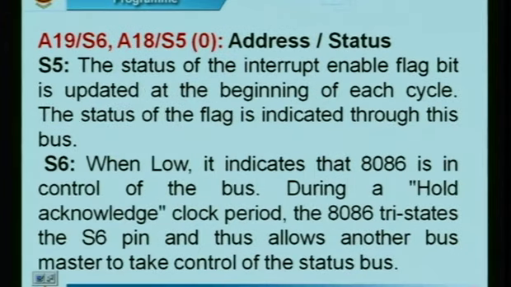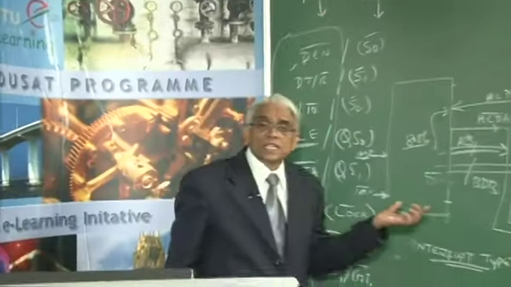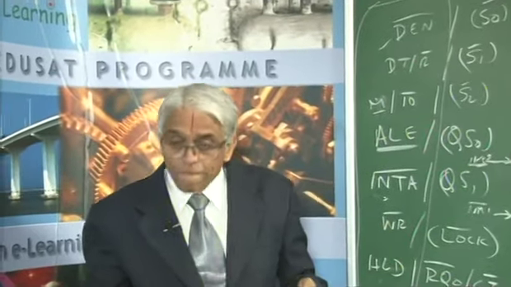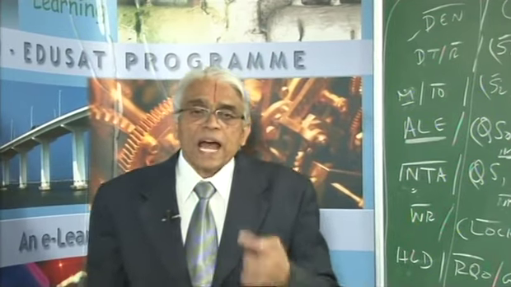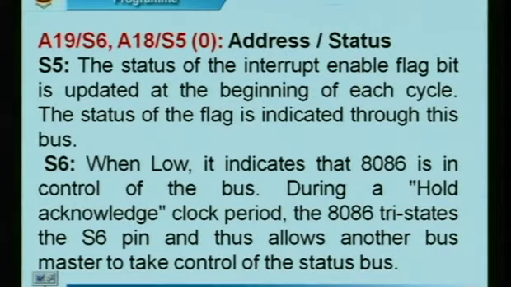When we talk about the address bus, we just mentioned that AD0 to AD15 is multiplexed, and we have A19 to A16 address lines having status pins. Now, the status pins S5 and S6: S5 is for the interrupt enable flag bit that is updated at the beginning of each cycle.